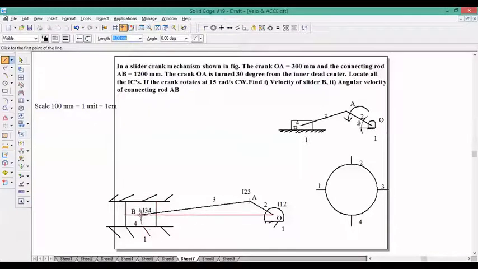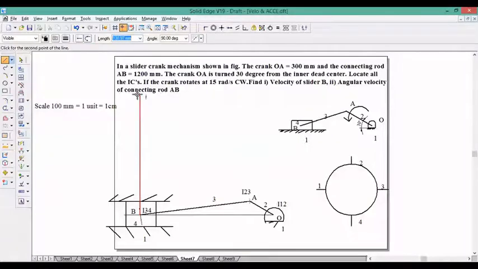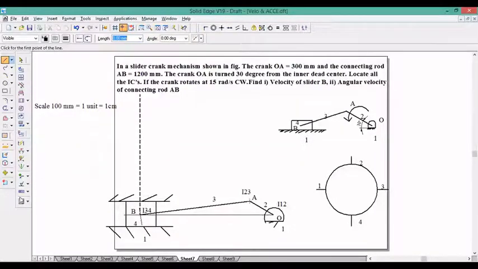The instantaneous center 1 and 4 will be at infinity. That means we need to draw a perpendicular line. So this is going to be the path of I14, because we have a linear motion between the slider and fixed link 1.